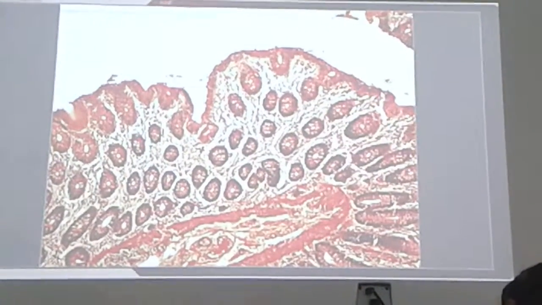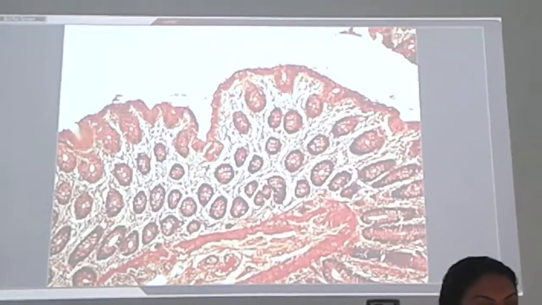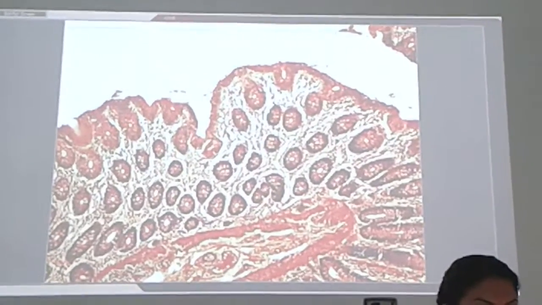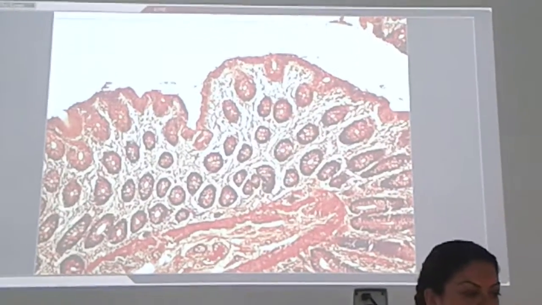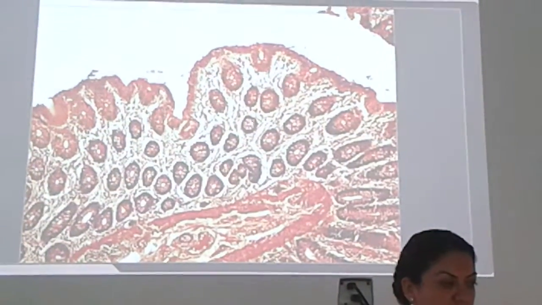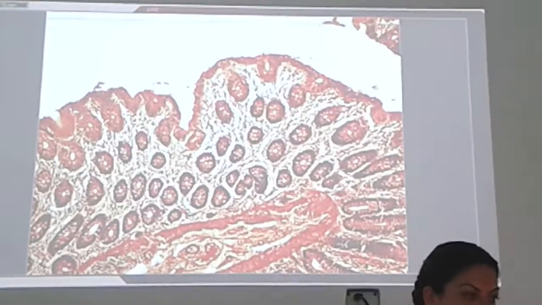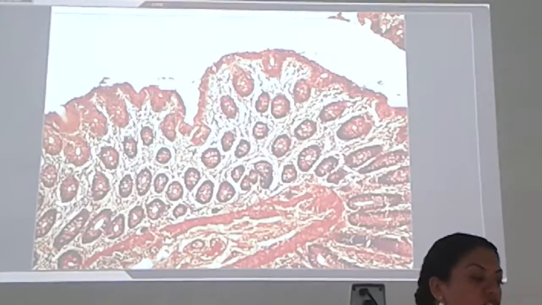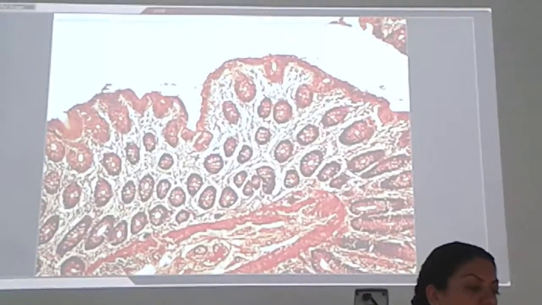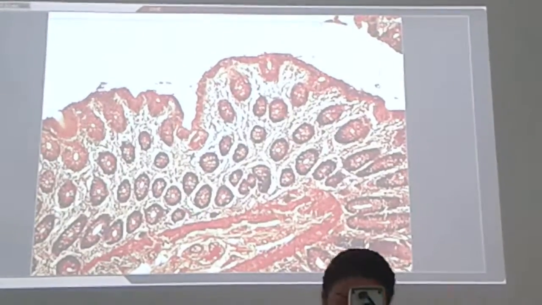And these crypts, these foldings of mucosa, make intestinal glands. These crypts are all intestinal glands. And there is no villi structure in the mucosa. And as I told you, this is the muscularis mucosa, and then submucosa, and muscularis externa, you may see.